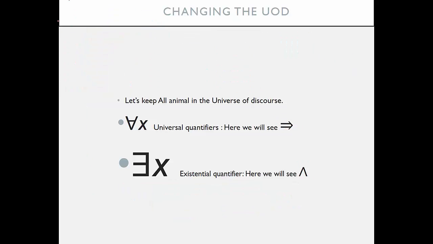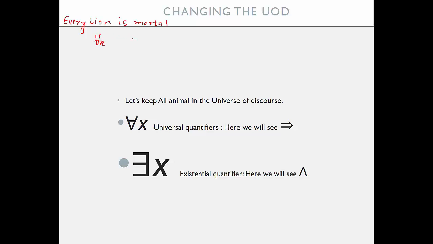So when we discussed this problem, which was every lion is mortal, we found that it could be represented with this quantifier, which is called universal quantifier.